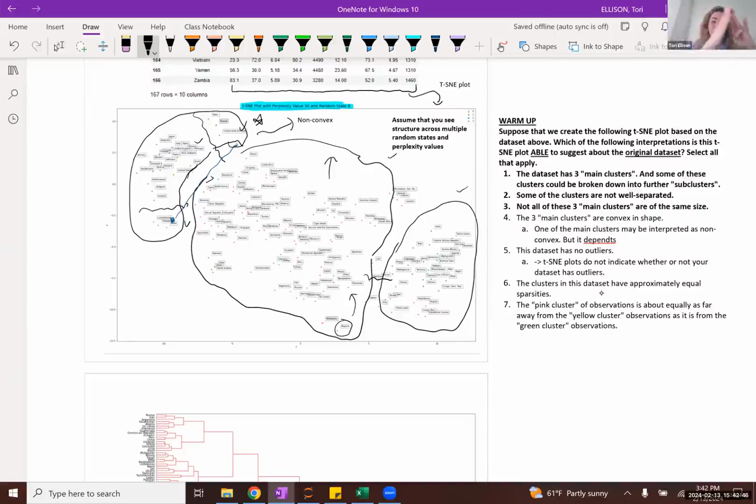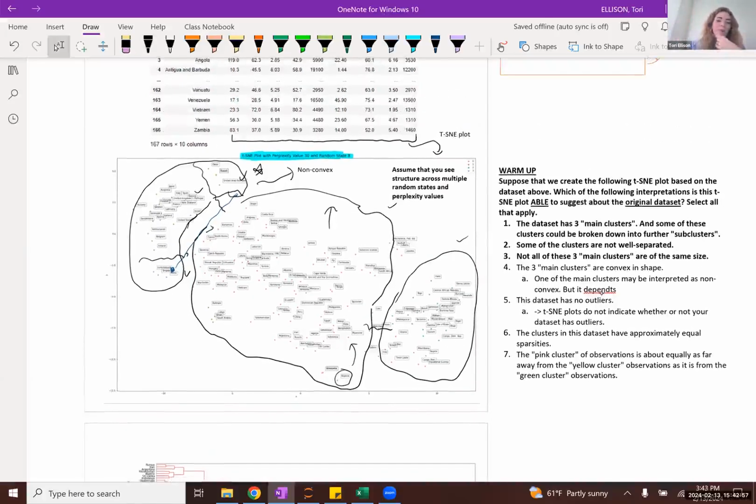The perplexity value is our number of nearby neighbors that we're assuming every observation has. So if we set our perplexity value to the lowest value that's actually useful, 5, Nigeria is going to be forced to have at least 5 nearby neighbor countries in the TSNE plot. Therefore, we're unable to see that Nigeria is in fact an outlier. Okay.